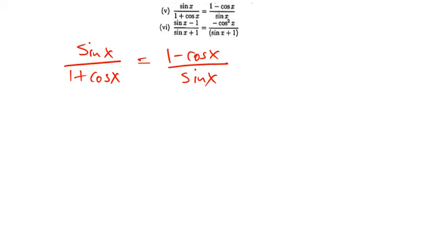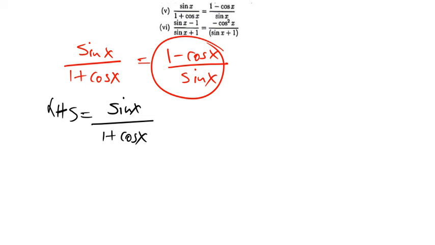Okay, I would go for any at this point. Let me try to work with the left hand side again. Left hand side is equal to sine of x over 1 plus cosine of x. What is our goal? Our goal is to show that this is actually equal to 1 minus that.